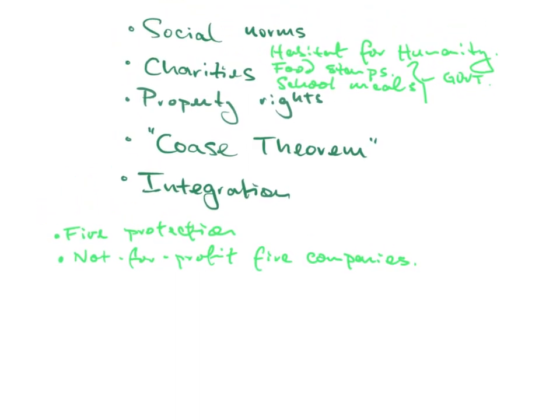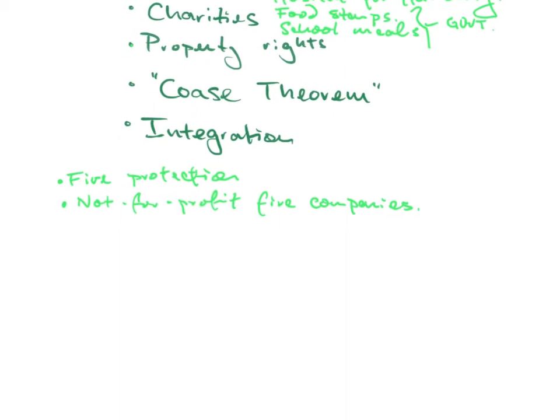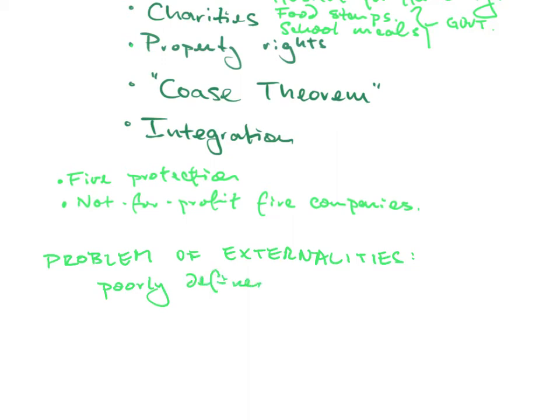Okay, other solutions. Property rights. Property rights are an important idea. The problem of externalities is maybe entirely an issue of unclear or poorly defined property rights.